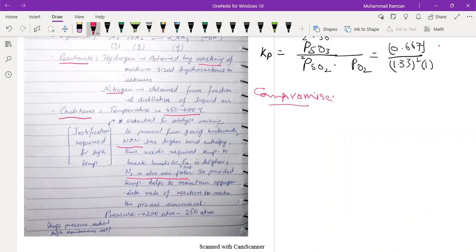To favor the forward reaction. This is all right. One justification is that the forward side has a lesser number of moles, so it favors the forward side.